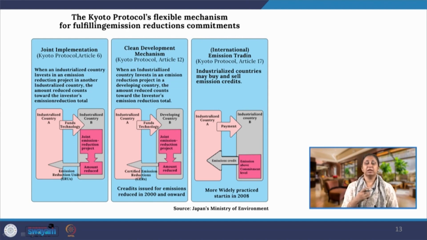For example, to give you a very clear example, Bhutan is carbon negative, it is a carbon sink. It has very low greenhouse gas emissions, but a country like China emits more than what it should. So, what it can really do is purchase the carbon credits from Bhutan which they have earned, and there are benchmarks.